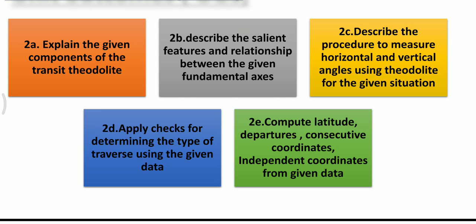So there is a necessity of calculating the coordinates of the traverse. Such coordinates are called latitude, departure, consecutive coordinate, and independent coordinate from the given data. The given data is nothing but the horizontal angles and lengths of the traverse. From this measurement data from the field, we calculate the coordinates of the traverse, and with the help of these coordinates we plot the traverse on the sheet, and in that traverse we can locate our details.